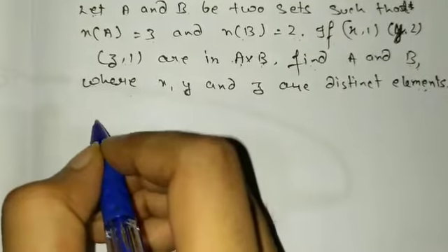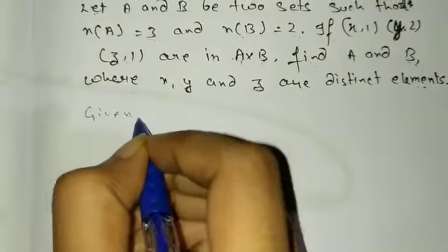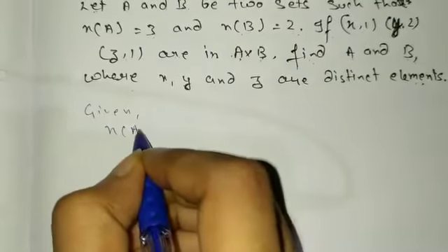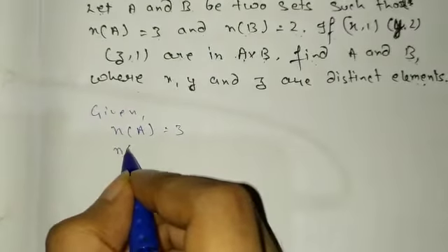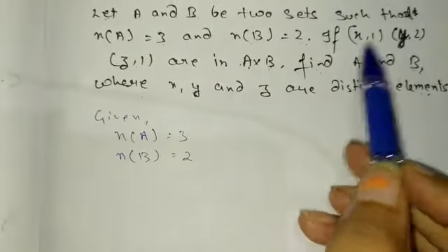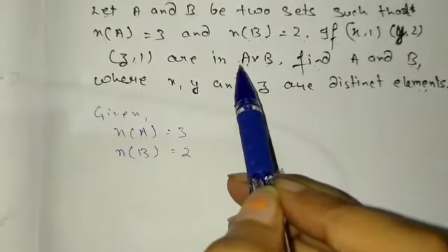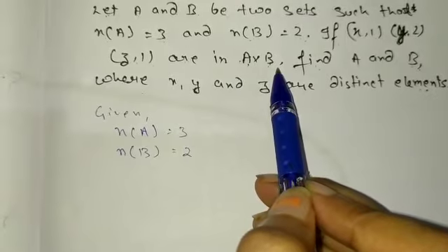It is given that the number of elements in set A is equal to 3 and the number of elements in set B is equal to 2, and it is also given that elements (x,1), (y,2), (z,1) belong to set A into B.